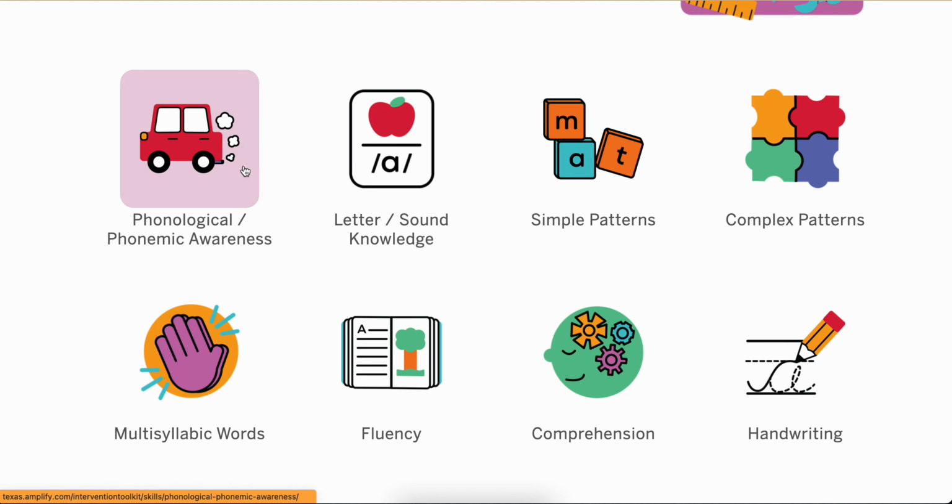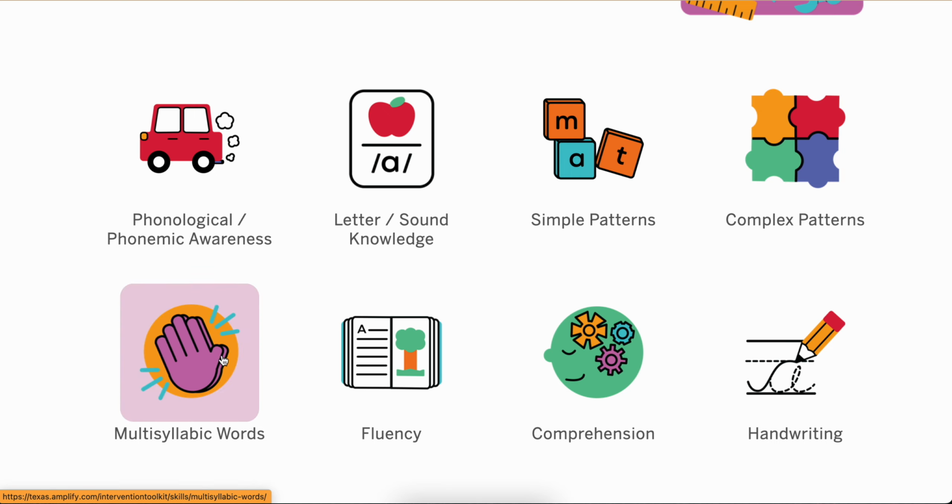Phonological and phonemic awareness. This is the ability to hear, identify, and manipulate spoken words. Letter sound knowledge. This is knowing the sounds of letters. Simple patterns. This is knowing the sounds of letters and sounding out simple words. Complex patterns. This is knowing the sounds of letters and sounding out more complex written words.